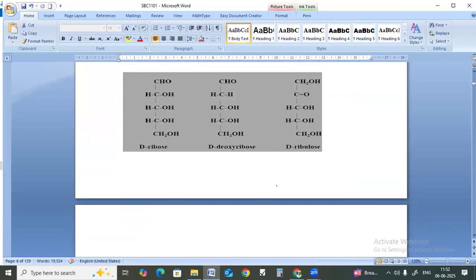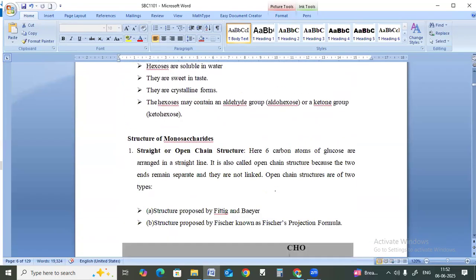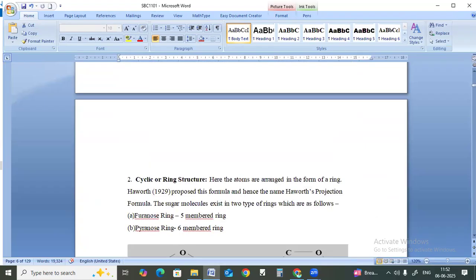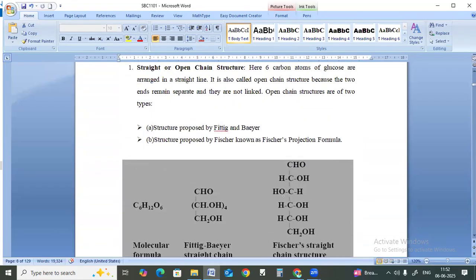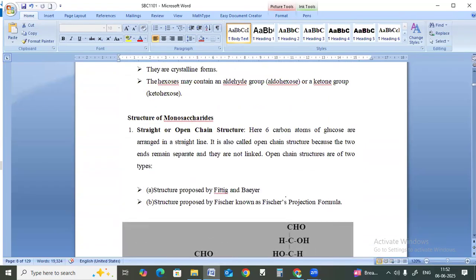Coming to the main point, the properties of these monosaccharides. First of all, before going to the properties, the monosaccharide structure exists in the form of 2 conformations.